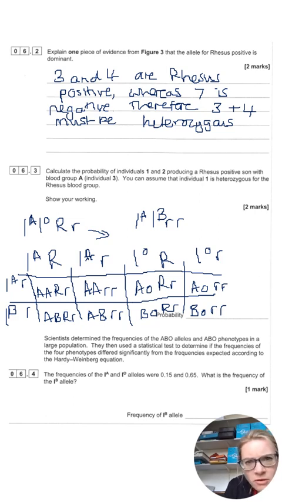Okay, so what are we actually looking for? A rhesus positive son, so at least one capital R, and blood group A. So let's highlight the ones that we can see if that applies to. So blood group A and at least one big R we've got here. That's not one big R. Blood group A we've got here.